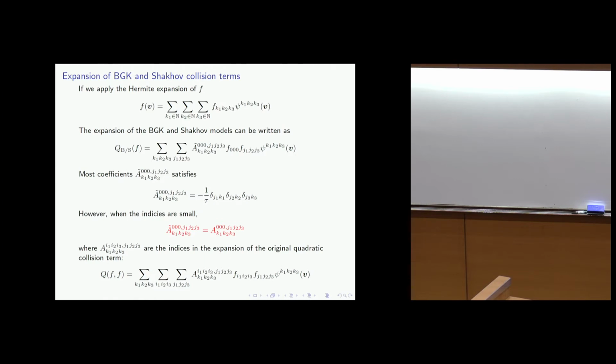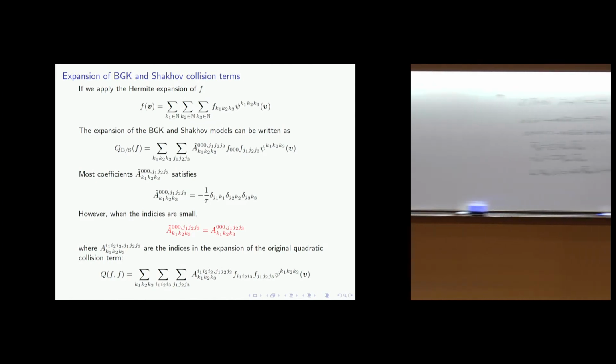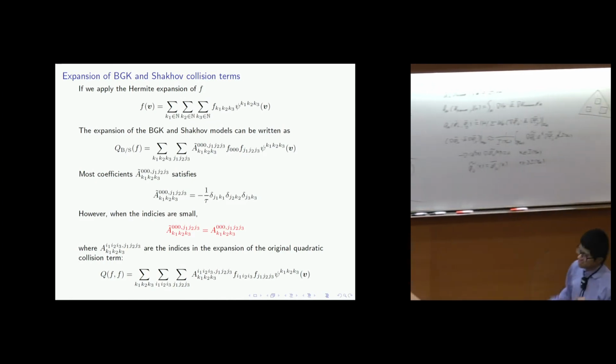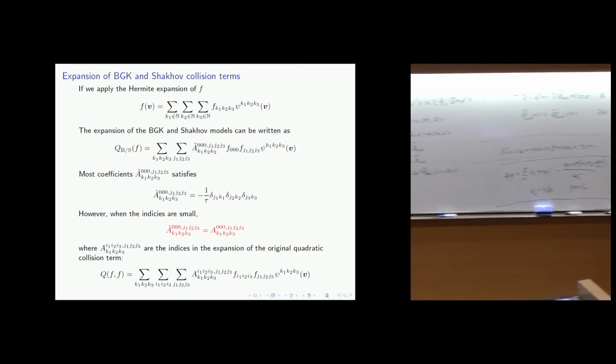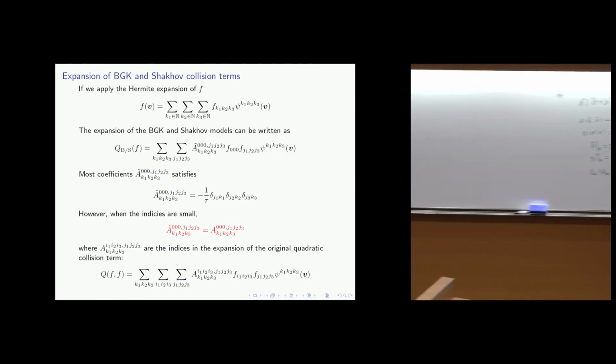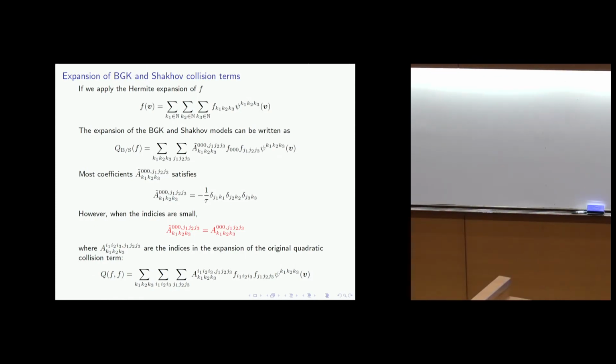It means that for most places, this matrix is just a diagonal matrix because of these deltas. But when these indices J1, J2, J3, and K1, K2, K3 are really small, you can find that these coefficients are actually the same as the coefficients in our expansion of the original binary collision operator.